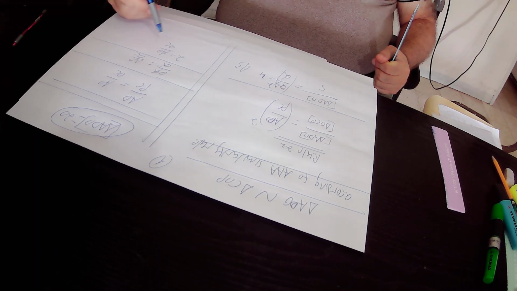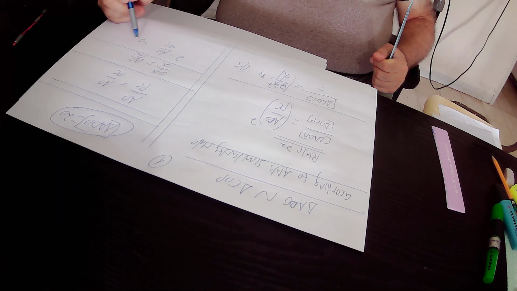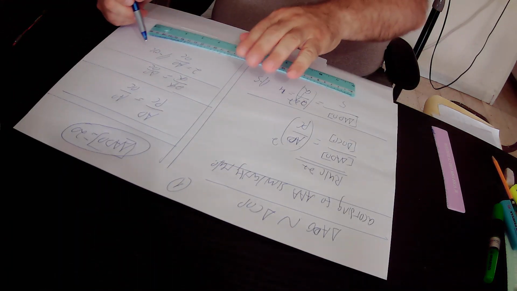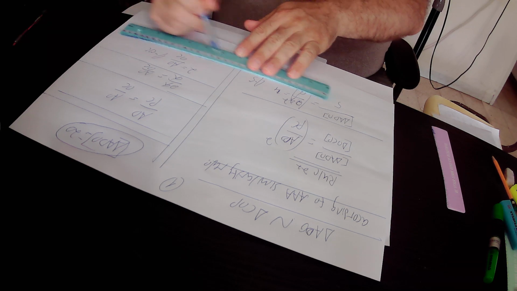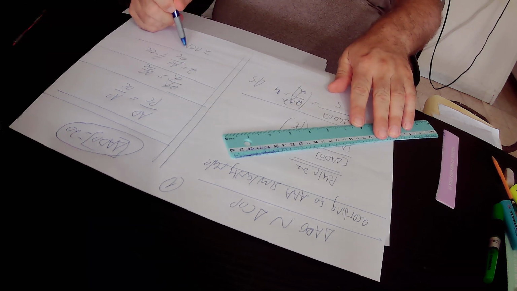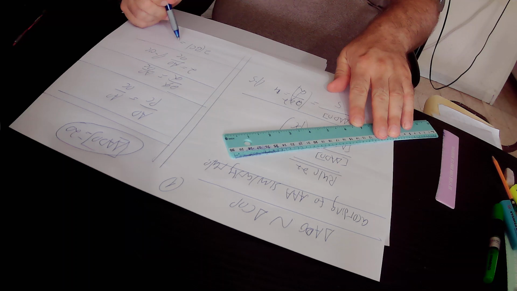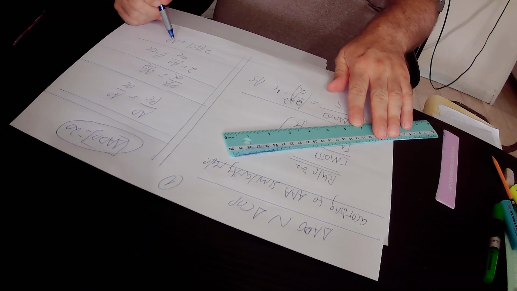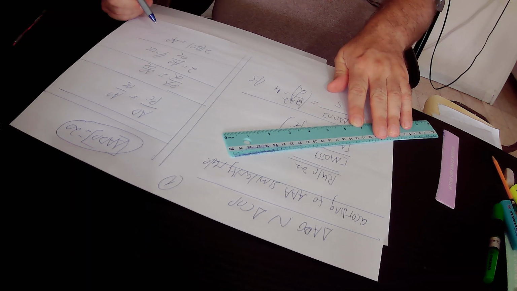Here we multiply this equation by OC, and we get that 2 times OC is equal to AO. 2 times OC equals AO.